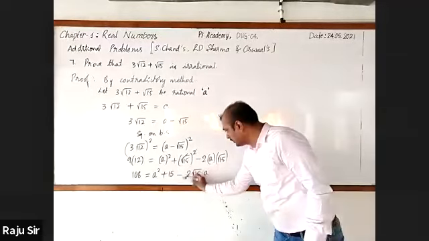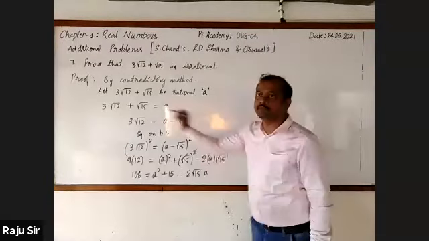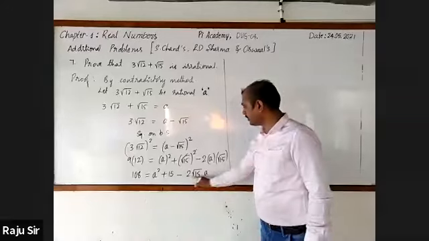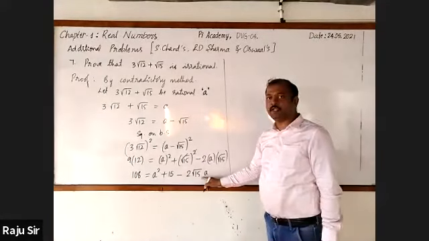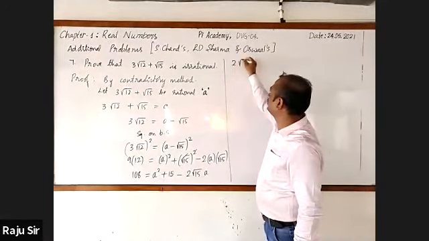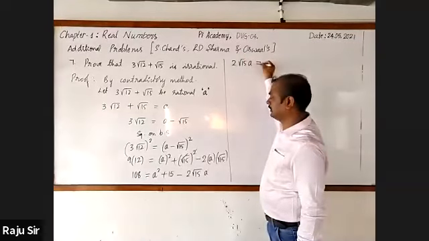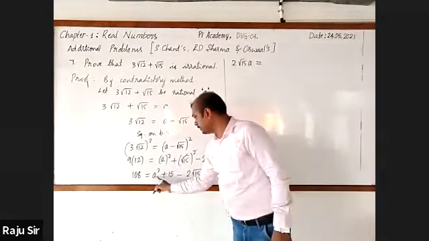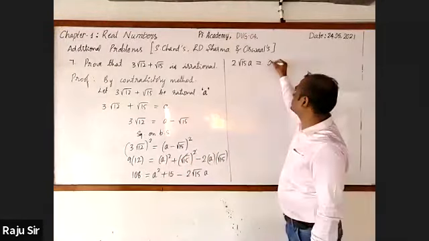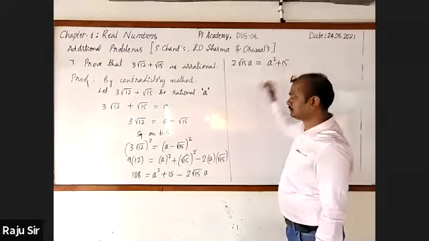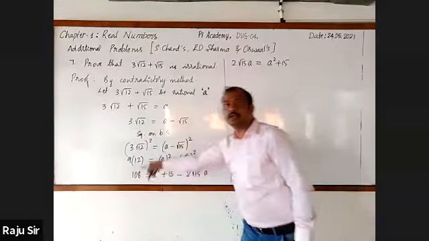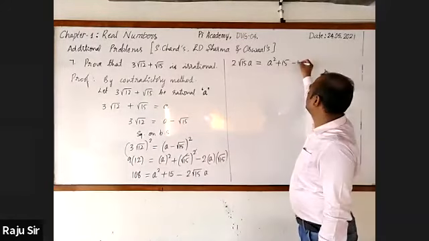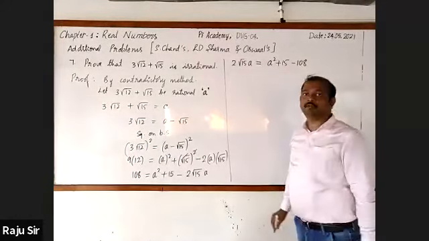So transfer this term to the left hand side. Minus 2 into root 15a becomes plus 2 into root 15a. This is equal to a square plus 15 as it is. Transfer 108 to the right hand side. It becomes minus 108.